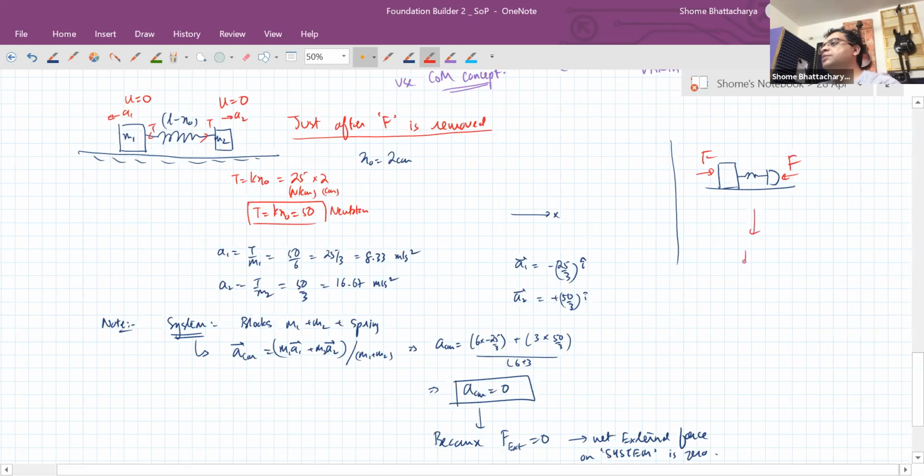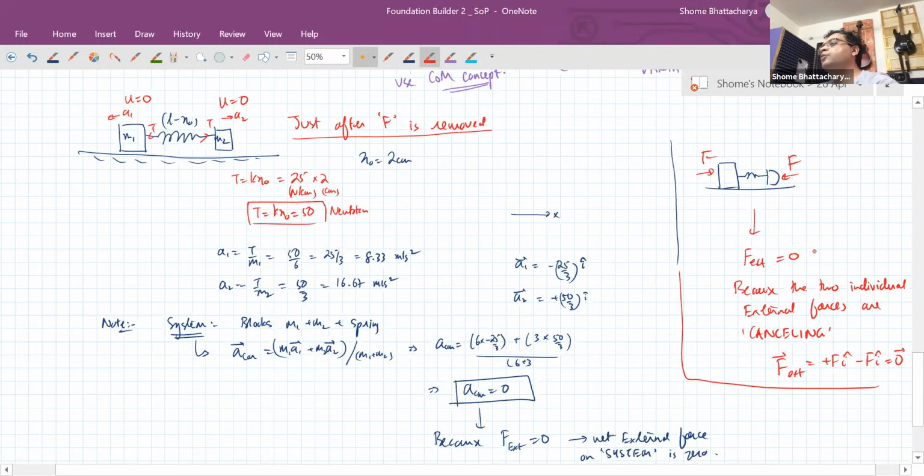Even right now, what is happening? The net external force is zero, because the two individual forces are cancelling each other. So the net external force is equal to plus F i cap minus F i cap, which is zero. So even at that point of time, the acceleration of the center of mass is zero.